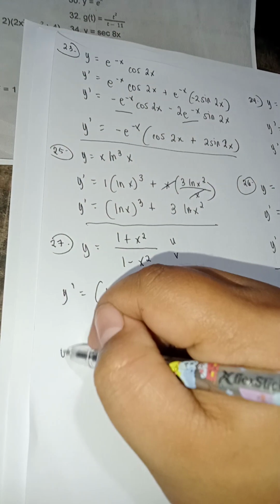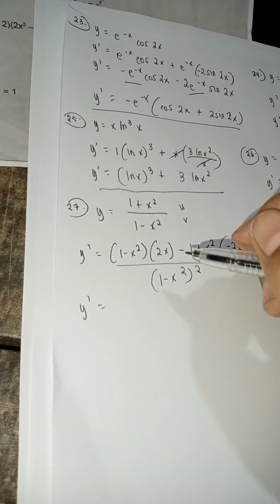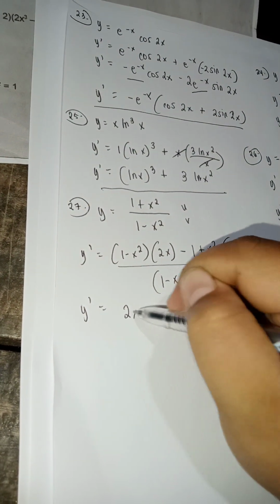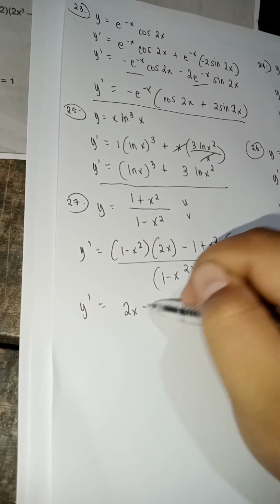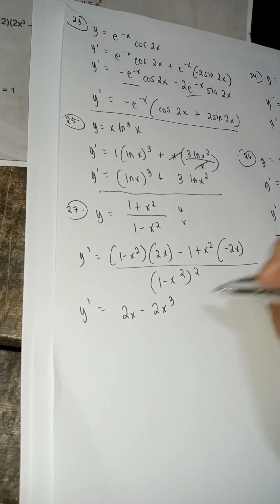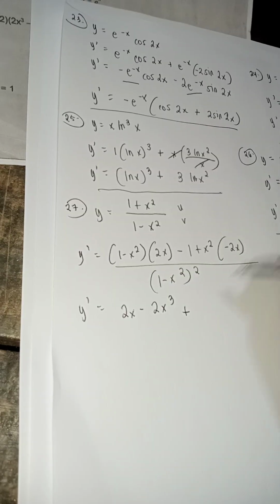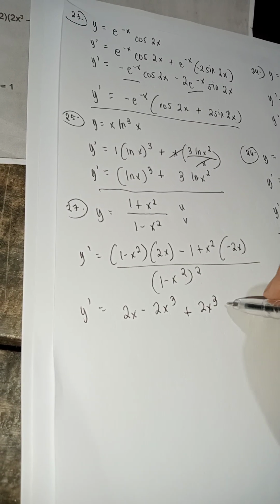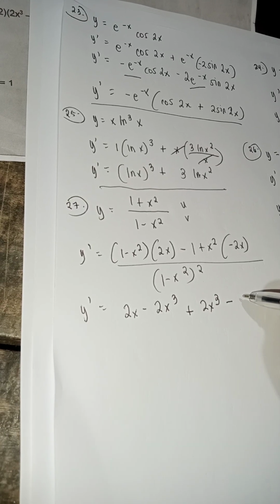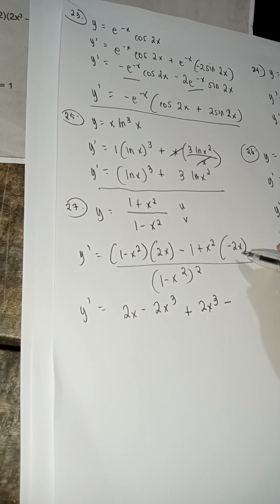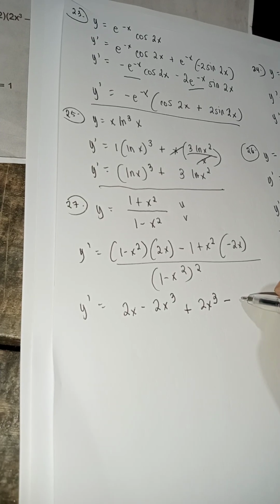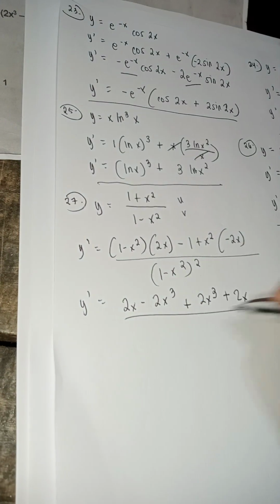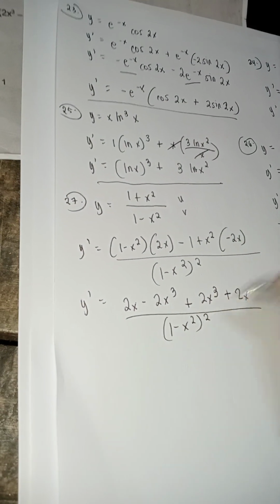Simplify the numerator. It results to 2x minus 2x cubed plus 2x cubed plus 2x, over 1 minus x squared squared.